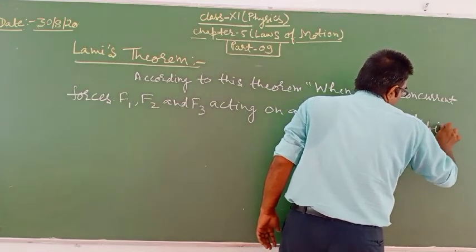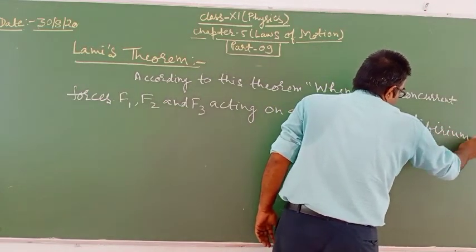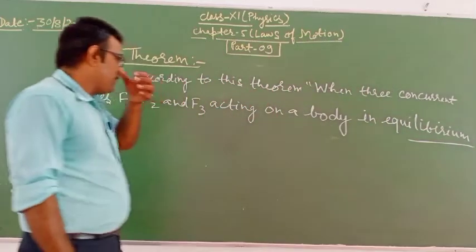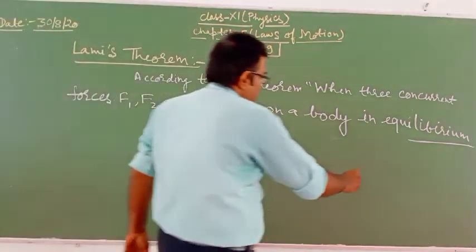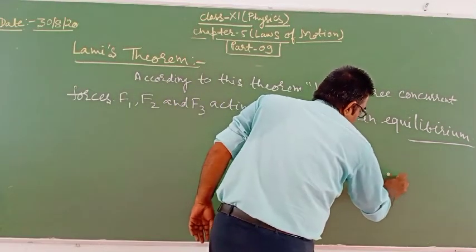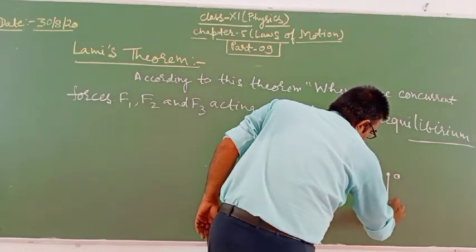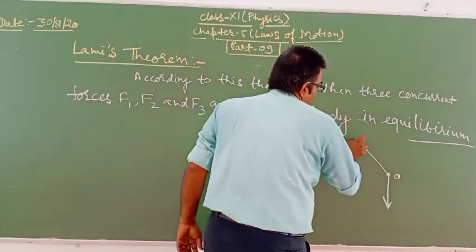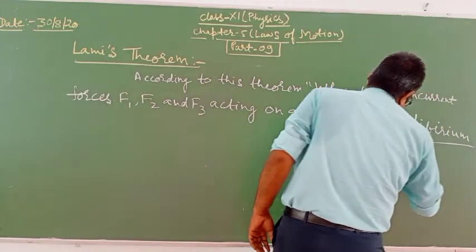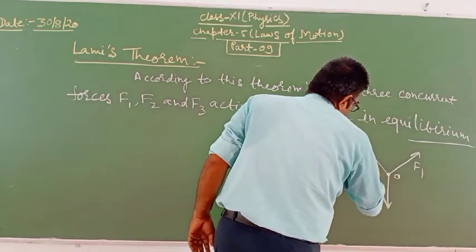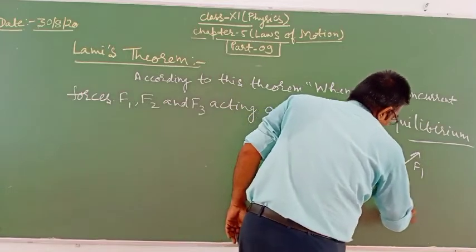It means that if the forces F1, F2 and F3 are acting on a body in equilibrium in such a way, suppose this is the body O, and this is F1, this is F2 and this is F3.